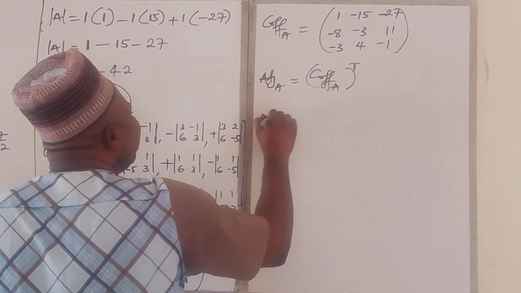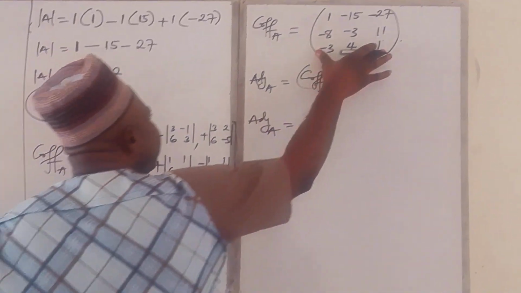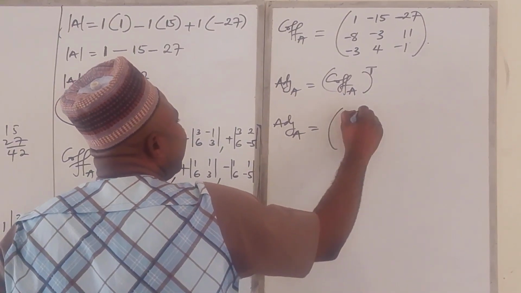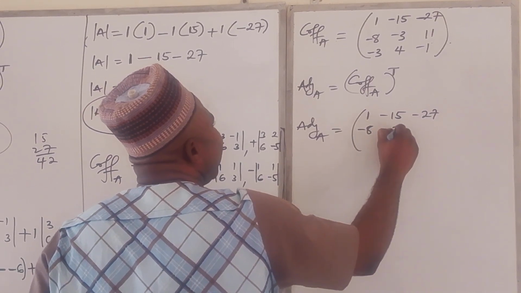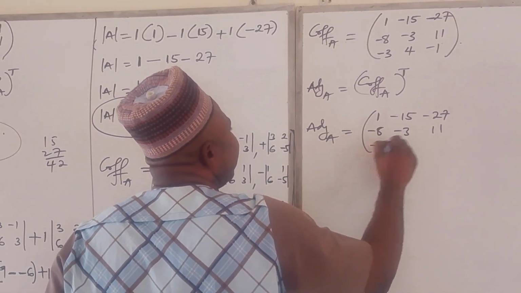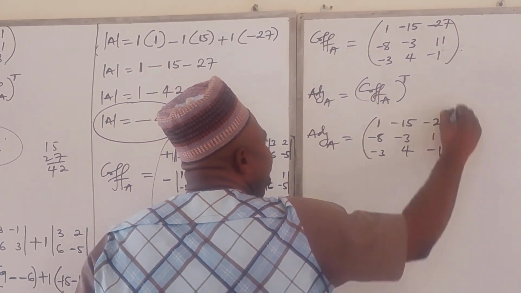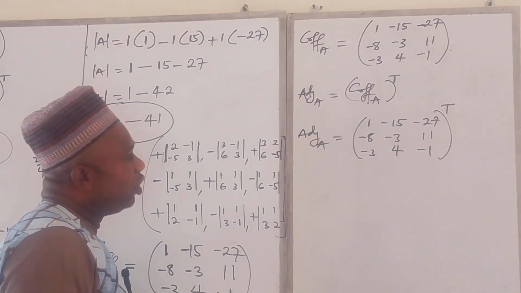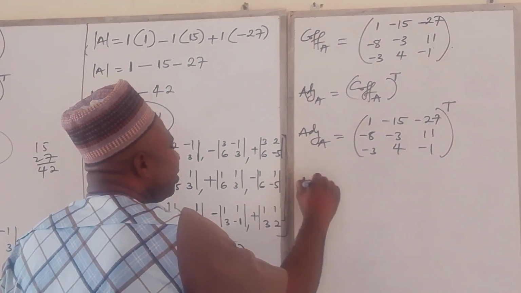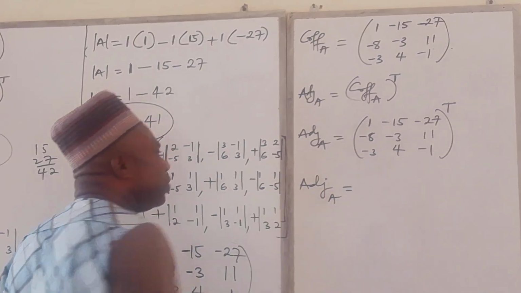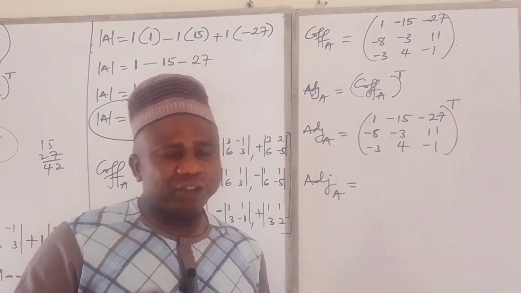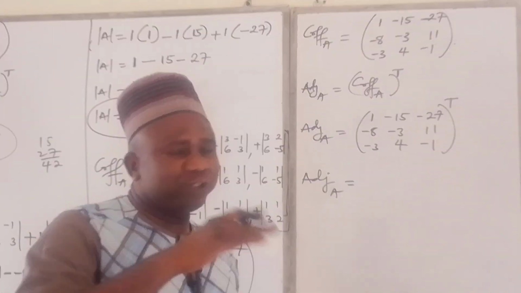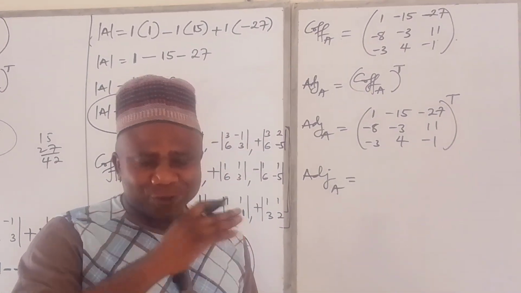So the adjoint of A will be equal to this matrix, 1, minus 15, minus 27, minus 8, minus 3, 11, minus 3, 4, minus 1, all transpose. When you're transposing the matrix, the first column will change to the first row, the second column to the second row, and the third column to the third row.